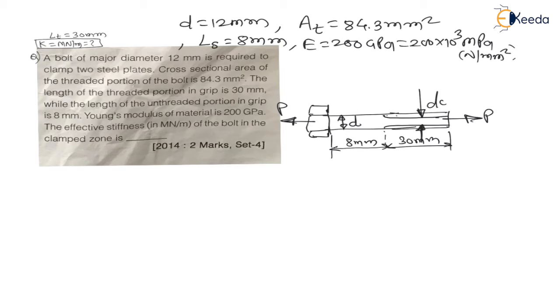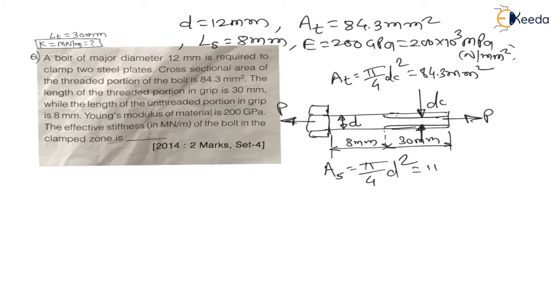The area of threaded portion is pi by 4 DC square, which is already given 84.3 mm square. Therefore, area of unthreaded portion, that is area of shank, will be pi by 4 D square, which is nothing but pi by 4 into 12 square mm square.